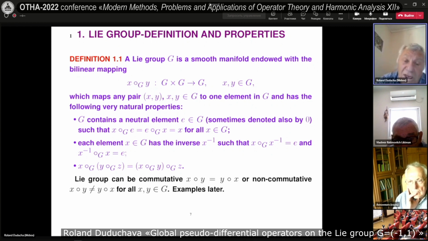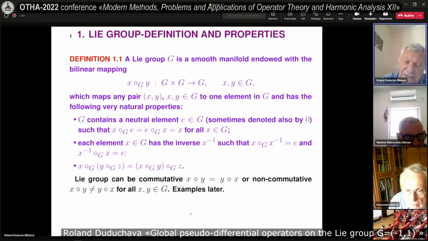First of all, there exists a neutral element. It can be identity or it can be zero, which does not change the element. If you multiply by identity, the element remains the same, or if you add zero, it remains the same. Each element has an inverse element. And the third is that the operation is associative.